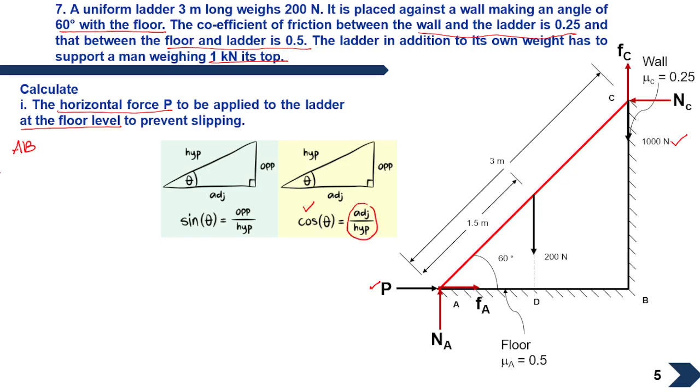We need AB, so we can write it as H cos theta. Here H is 3 meter for the bigger triangle ABC and theta is 60 degree. If you solve, you'll get the value of AB as 1.5 meter.